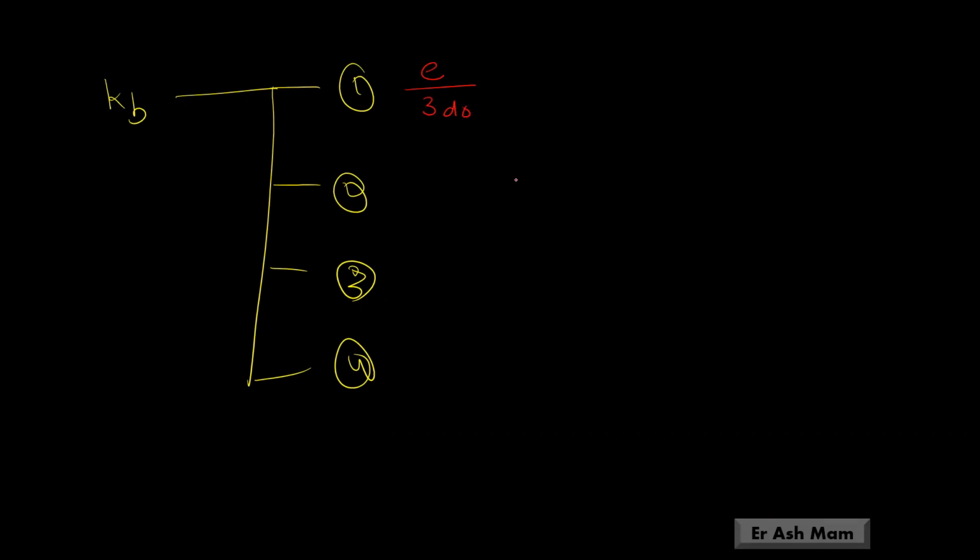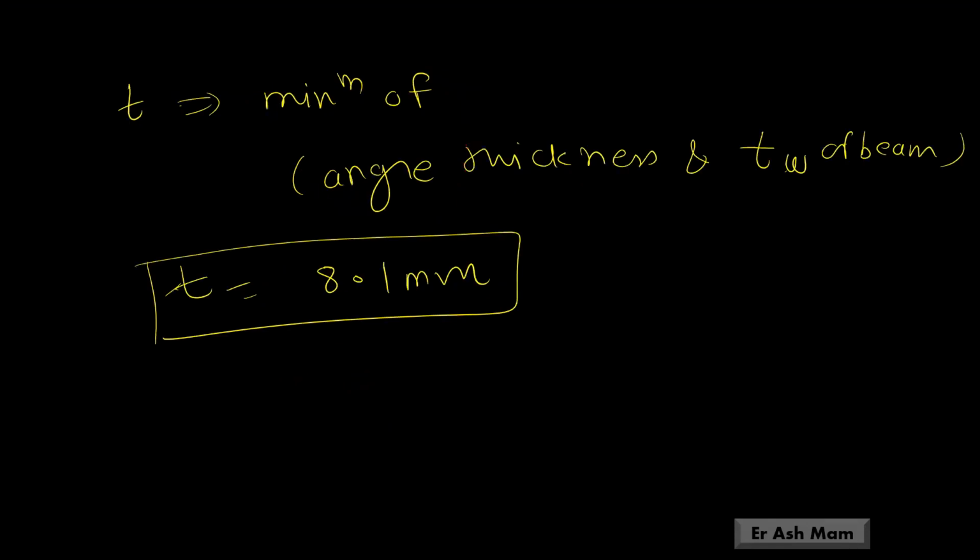Second one is p upon 3d0 minus 0.25. Third one is fub upon fu plate, or 1. But e or p is not given.